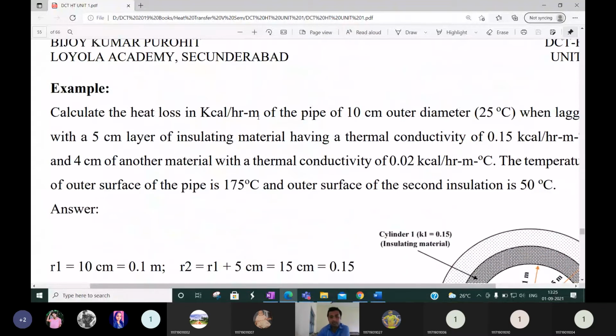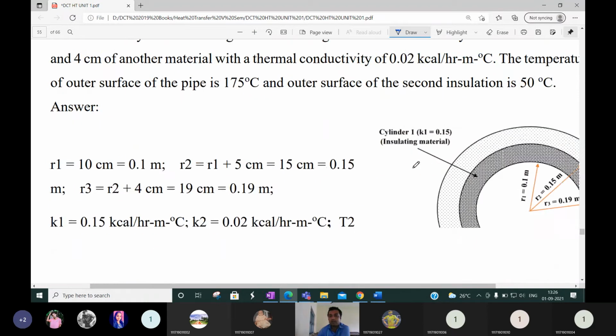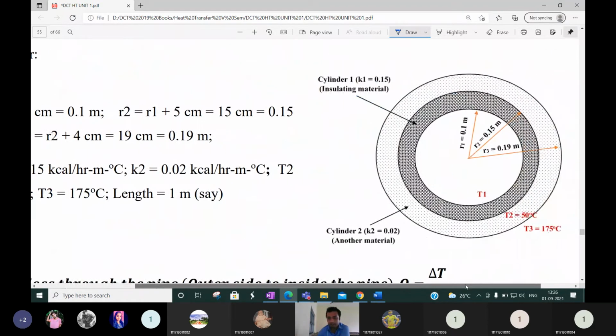Calculate the heat loss in kilocalorie per hour of a 10 centimeter outer radius pipe, at 25 degrees centigrade, when lagged with a 5 centimeter layer of insulating material having thermal conductivity 0.15 and with 4 centimeter of another material with thermal conductivity this one. The overall diagram is this one.